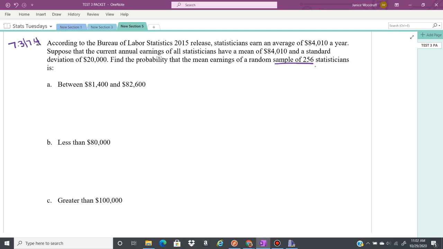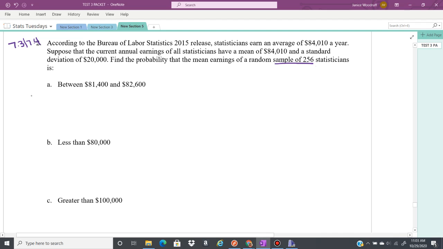We're not given a percentage of something. So this is going back to the sections that we did earlier this week. All right, so let's take a look at these problems. Find the probability that the mean earnings out of this sample is A, between 81,400 and 82,600.